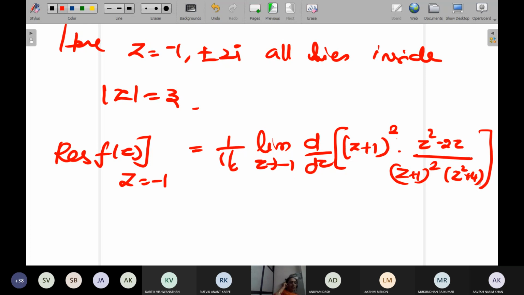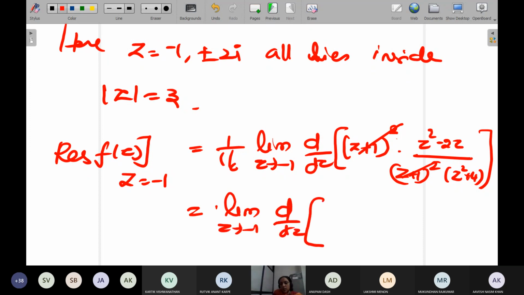Now we'll simplify this. So this (z plus 1) the whole square will get cancelled. Now 1 by 1 factorial will be 1. So limit z tends to minus 1, d by dz of (z square minus 2z) divided by (z square plus 4).